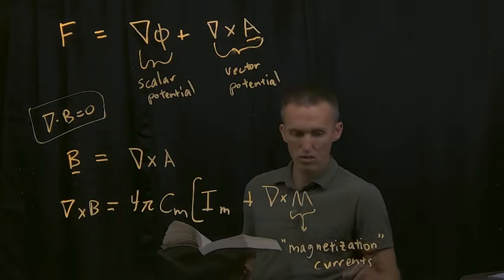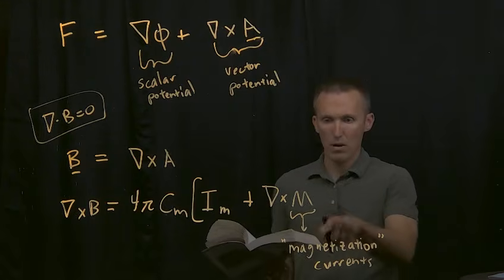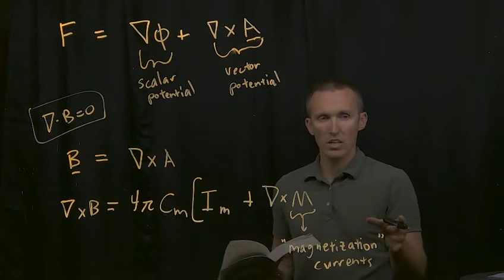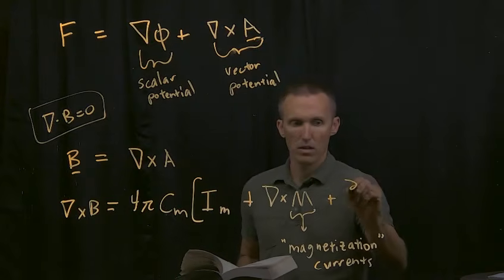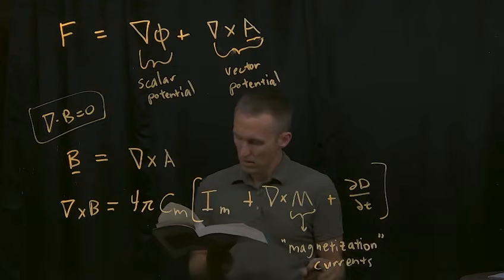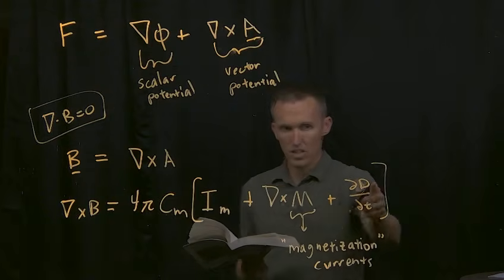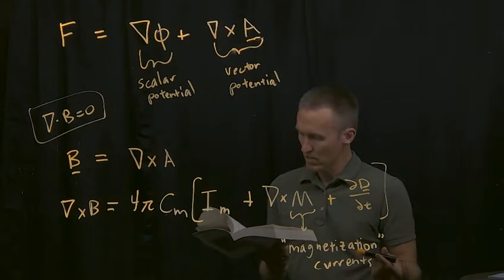So currents related to magnetization. And we'll talk about what this M thing is in more detail later on. And then what's our last term here? These are called displacement currents, where D here is a vector quantity, and we're looking at time rate of change of D, vector currents.